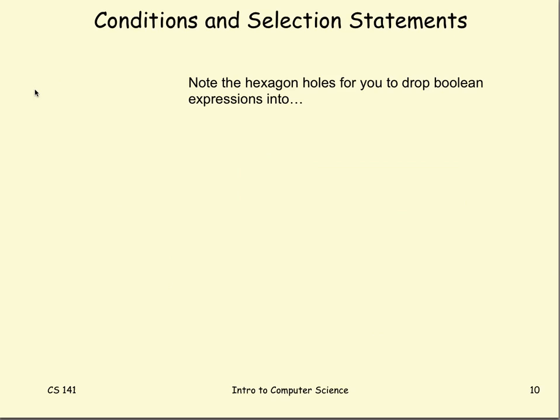Okay, so the next thing is, how do you make decisions? You make decisions by using these Boolean expressions as conditions, and you have selection statements. You'll notice that all the Boolean expressions are hexagonal, and so they will drop into here, and this is the condition of the if statement. So we could have a statement like, if you have one sock on, then we'll do something.